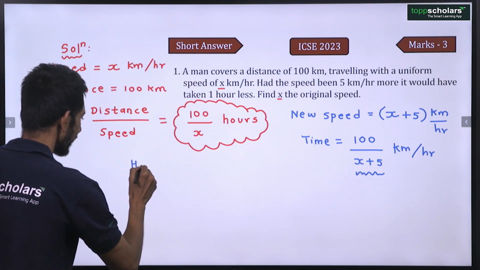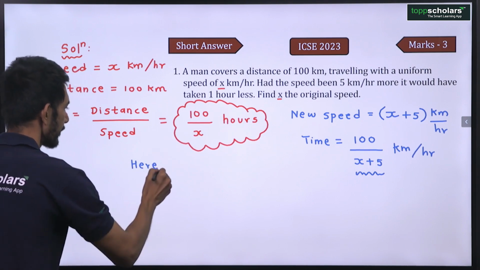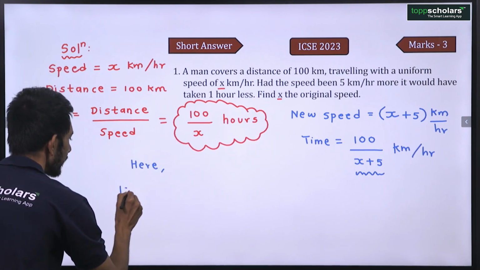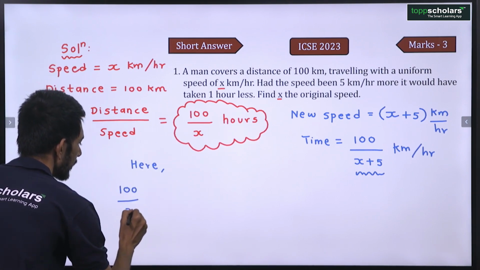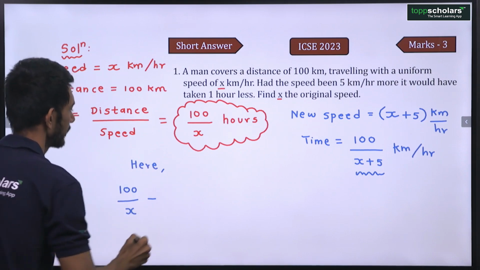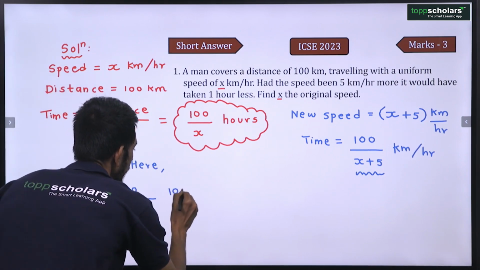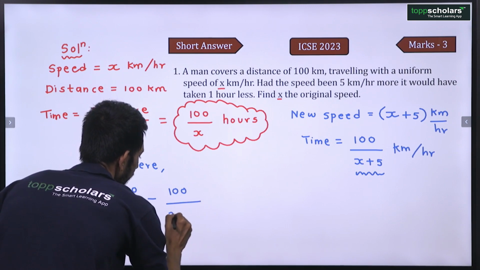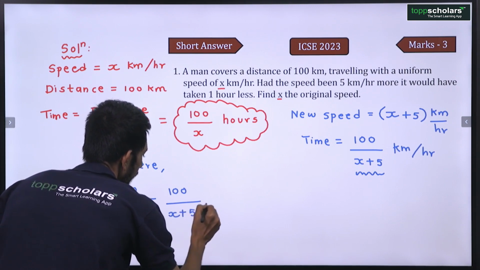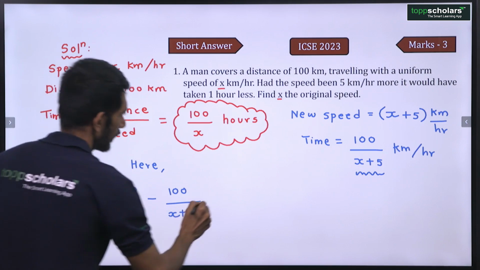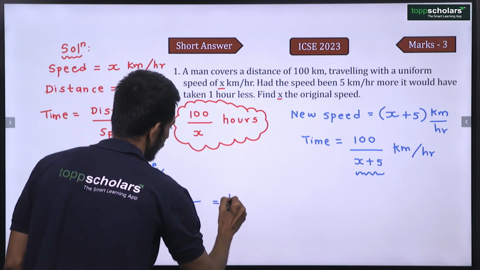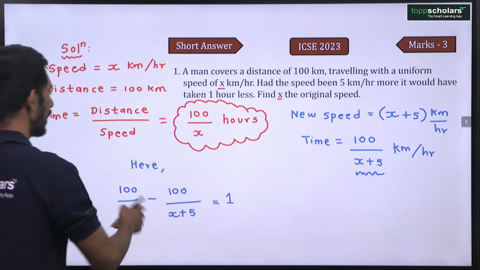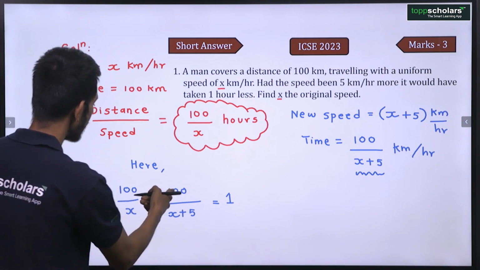So here we can say 100 by x minus 100 by x plus 5 is equal to 1 hour. So now you can solve this to form a quadratic equation. I'm taking 100 common.